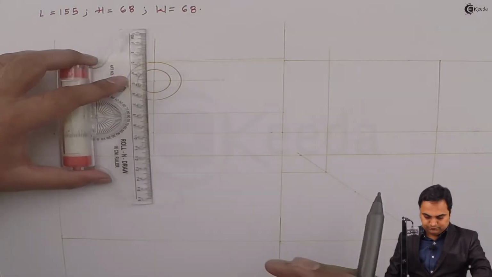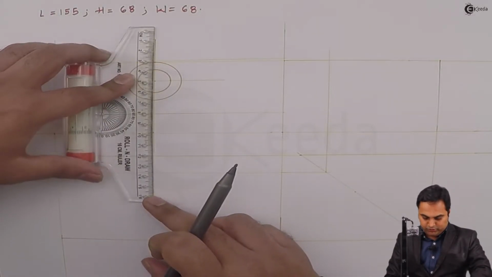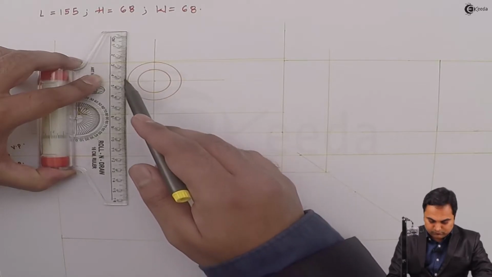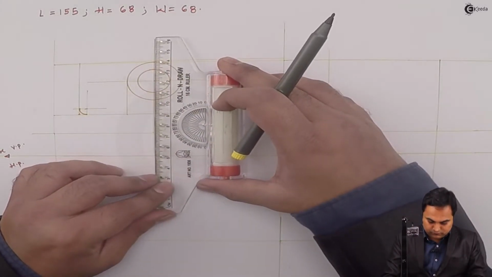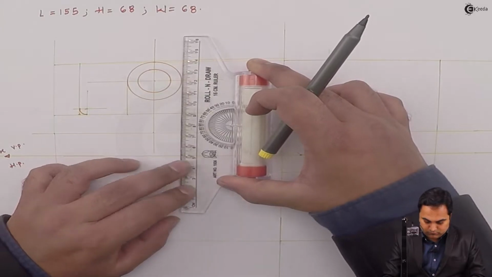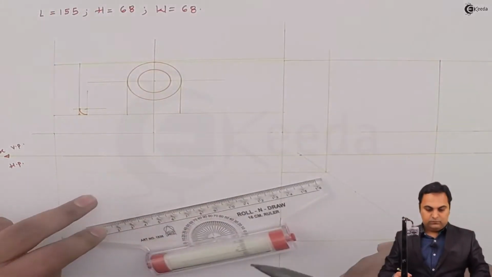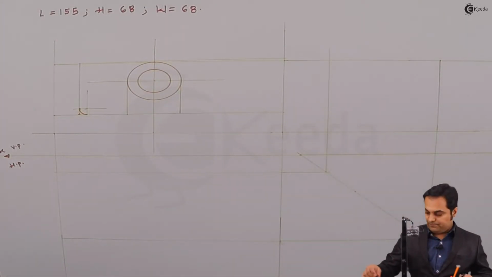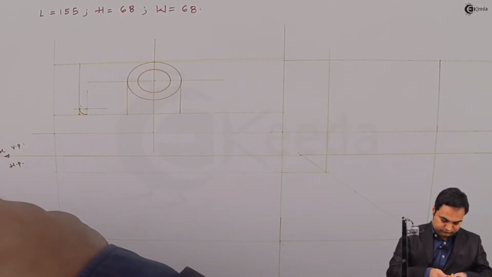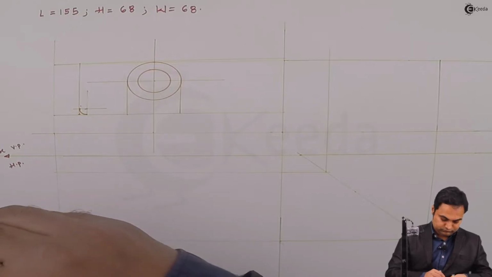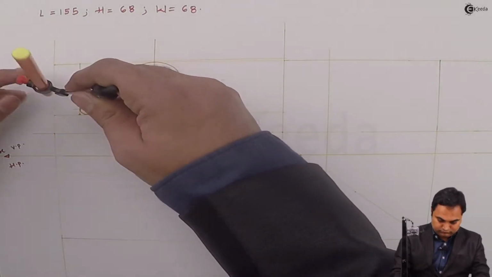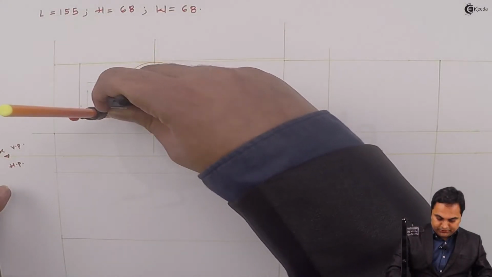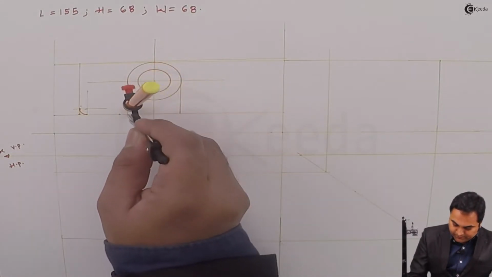For that, from the outer circle I'm going to draw light vertical lines, and then again keeping the same radius which is of 5 mm, measuring this same radius, plotting it here and even on the other side.